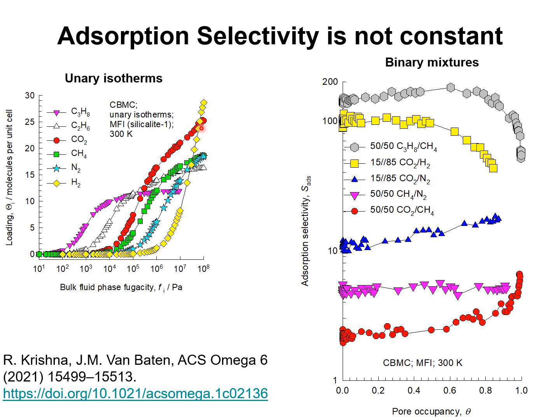So two messages emerge from these data, that the adsorption selectivity is dependent on the pore occupancy and appears also to depend on the differences in the saturation capacity of the guest constituents.